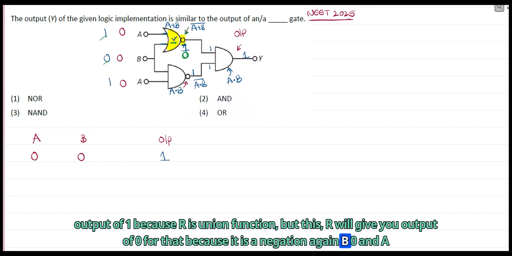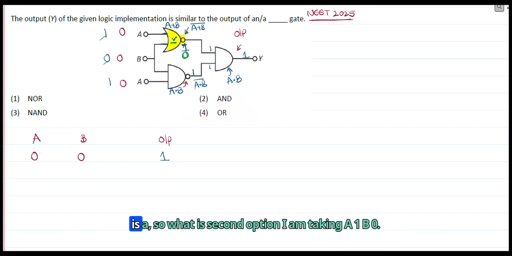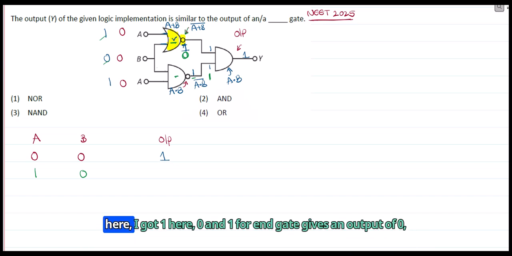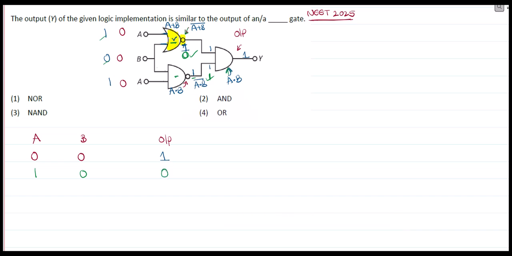Again, A is 1 and B is 0, so the AND gate gives an output of 0. But because of the NOT, it gives an output of 1. So I got 1 and 1 here. For the last AND gate, 0 and 1 give an output of 0.